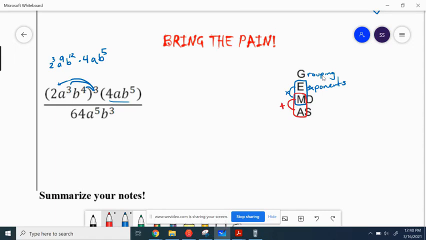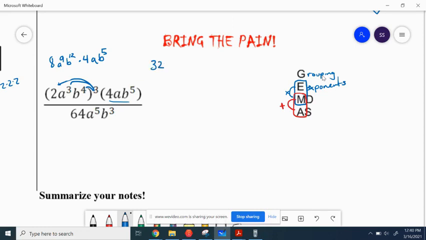So on the numerator, first of all, I should recognize that I have some numbers here. So 2 to the third is just 2 times 2 times 2, which is 8. I'm going to change that to 8. I'm going to treat these numbers as normal, like we said we were going to do. 8 to the fourth, 8 times 4 is 32.